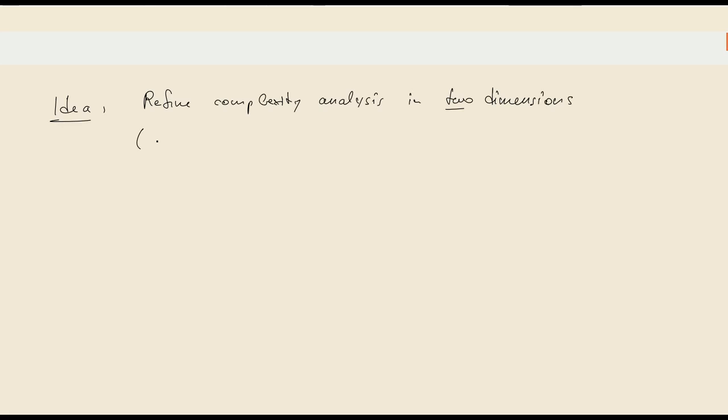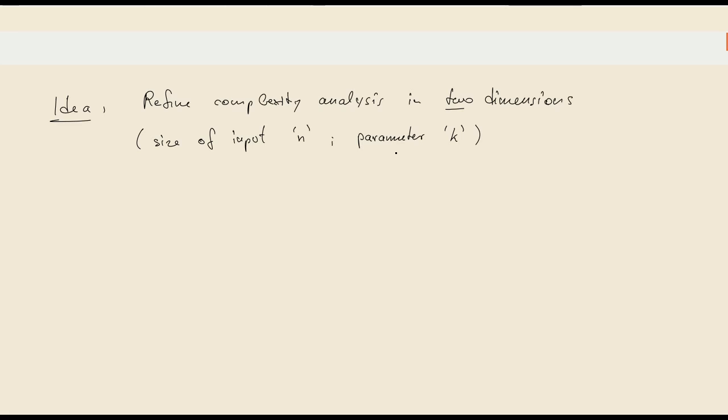So the old one is just the size of the input, by which I mean the size of the input in a sensible encoding as a formal language as we had it. And this is usually what we will call n. And the second thing is a parameter, which we will usually denote k. And this can be all sorts of different things, and I'll give you an example in a second. The new thing is that we will measure running time in terms of both of these.